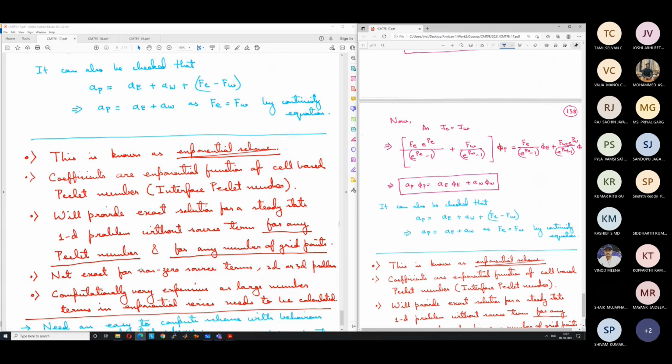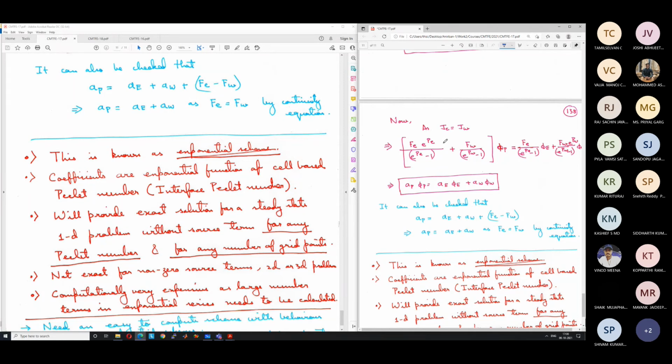So you need to take a large number of terms to calculate a single exponential. For one exponential e to the power x, you need to take hundreds of terms to calculate it accurately. And for each term, you then have to calculate x square, x cube, like this. So you have to calculate the polynomial and the factorial also: x square by factorial 2, x cube by factorial 3.